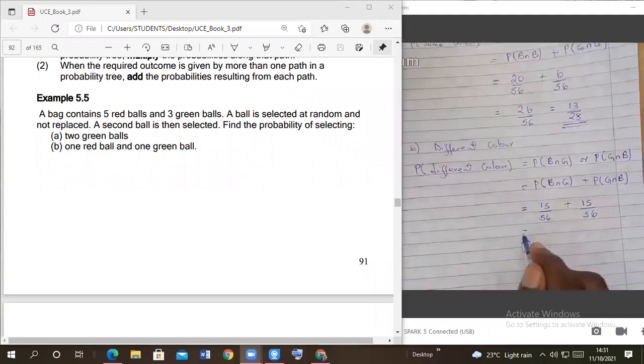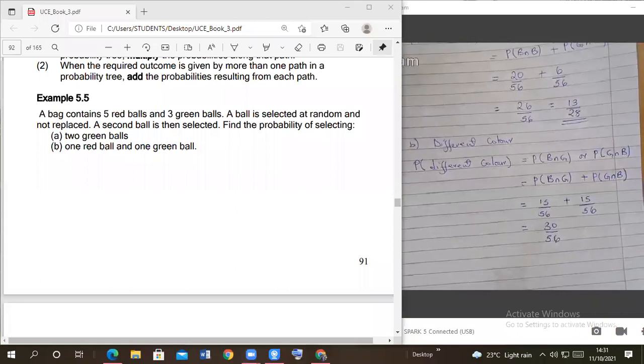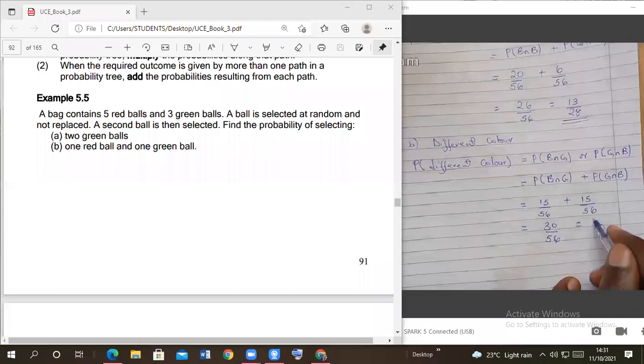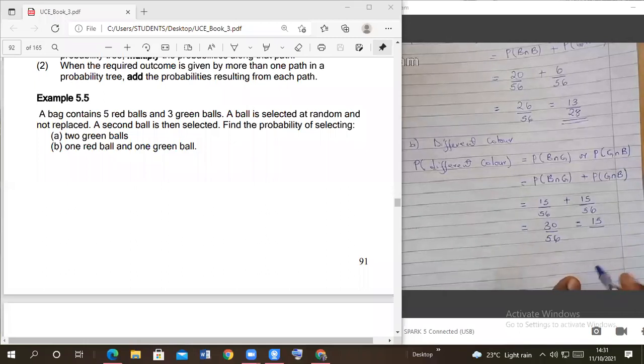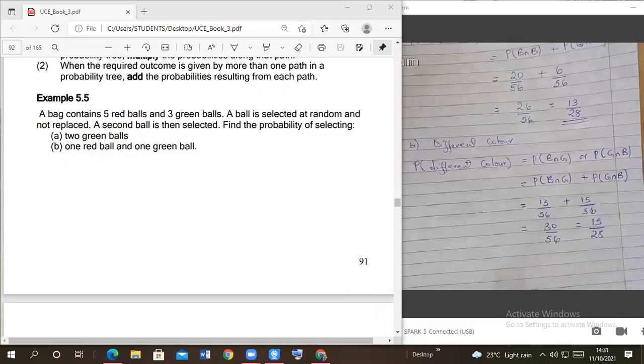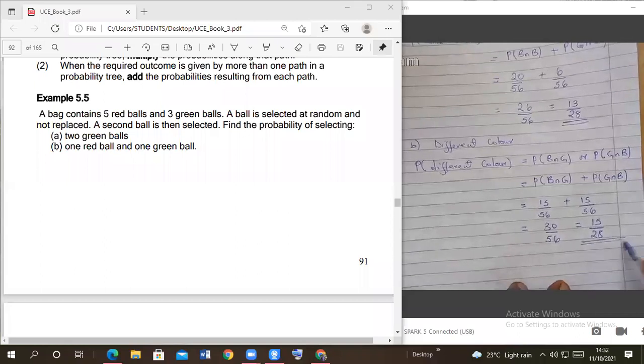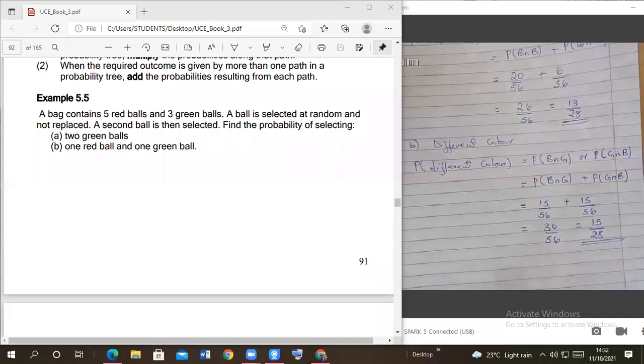When you add that, you'll get 30 out of 56. But there is a common factor there. If you simplify that, this will give you 15 out of 28. Remember, is that what we got also? Yes. So those are the two cases, with replacement or without replacement.